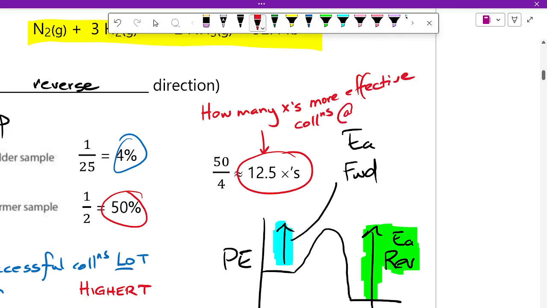So that's quite a lot. We get more than 10 times the effective collisions.